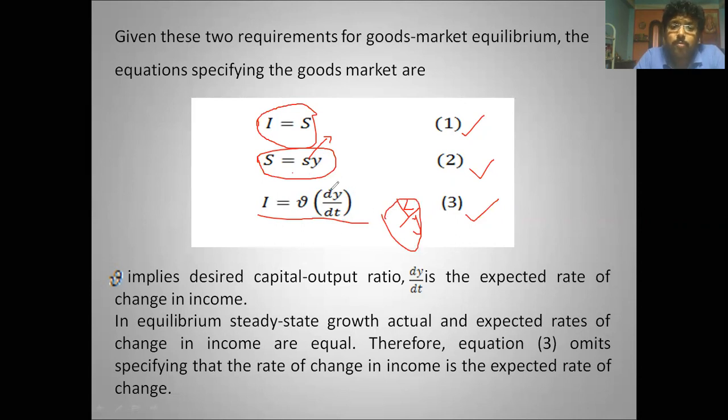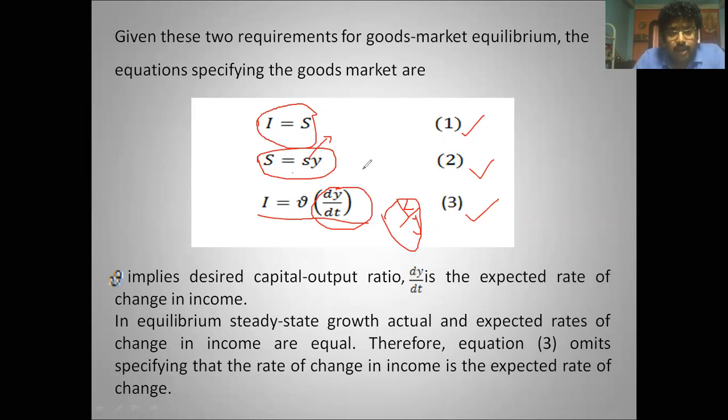And dy by dt is the expected change in the real income. So the entrepreneurs will invest up to the point where the desired capital stock is equal to the actual capital stock.